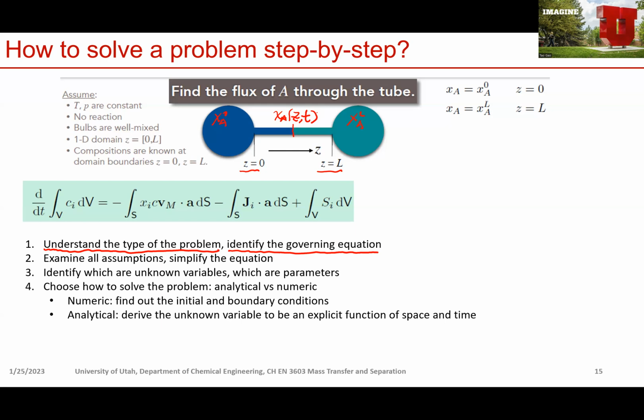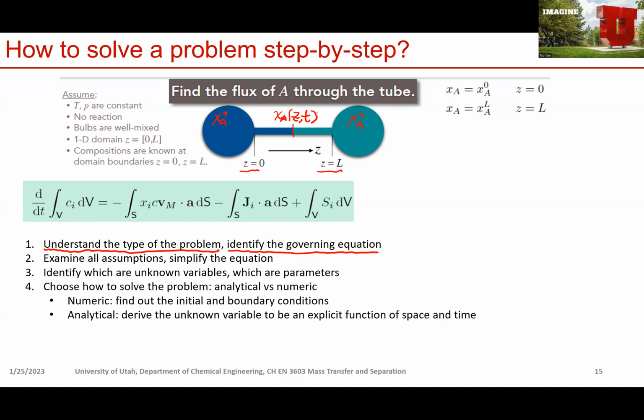The whole problem becomes finding the flux of A through the tube. If we can find the mole fraction of A throughout the tube, then we can compute the flux of A based on Fick's law. So now the problem simplifies to solving the mole fraction of A throughout the tube.